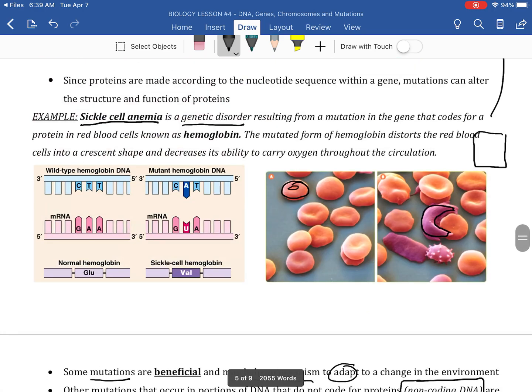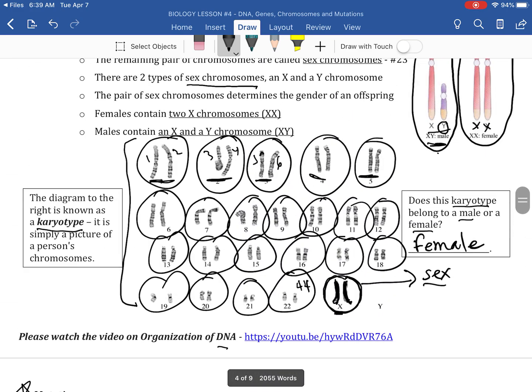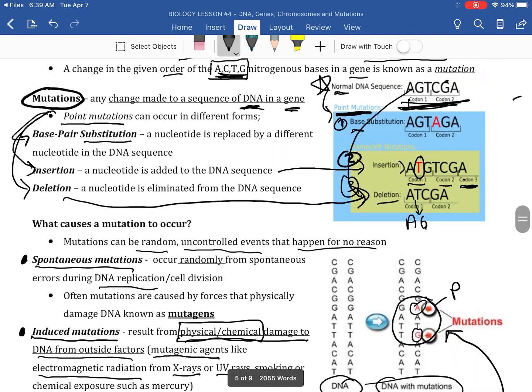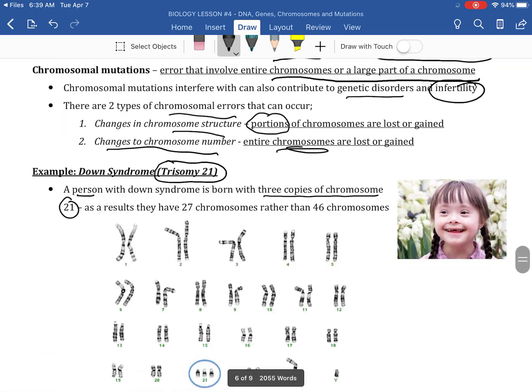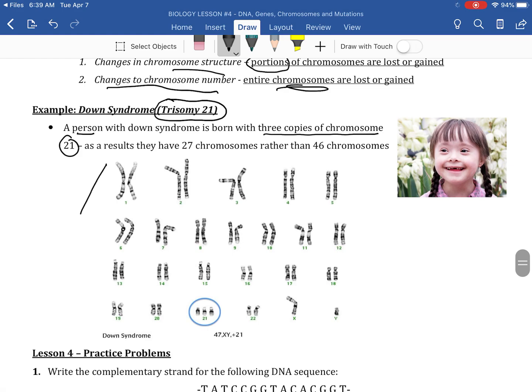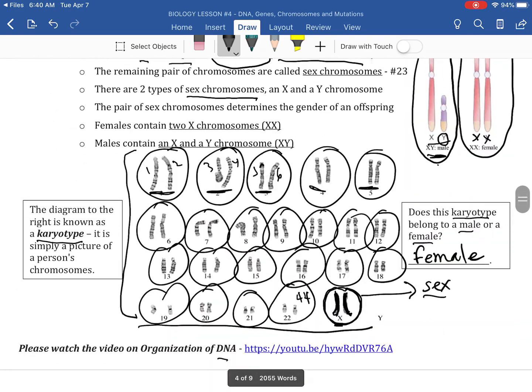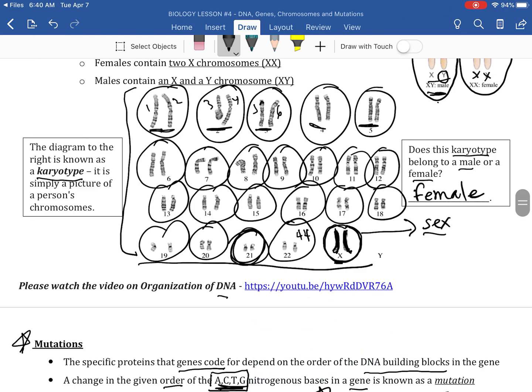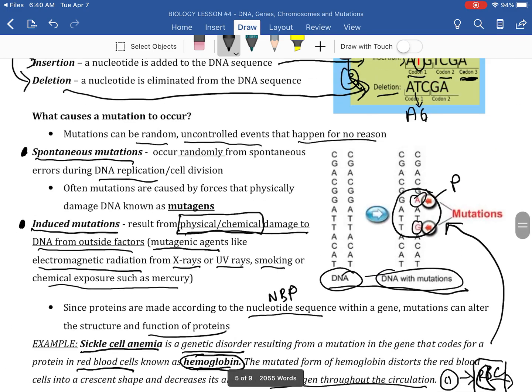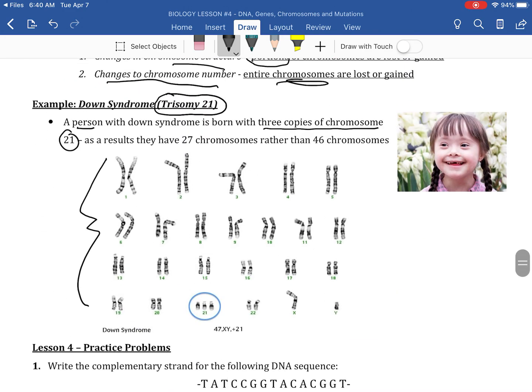So do you remember when I showed you the karyotype up here? Okay, this is a karyotype of a human. This is the karyotype down here of a person with Down syndrome. So if you notice, in this person who doesn't have Down syndrome, the 21st pair has 2 chromosomes, and on the Down syndrome one, the person with Down syndrome, there are 3.